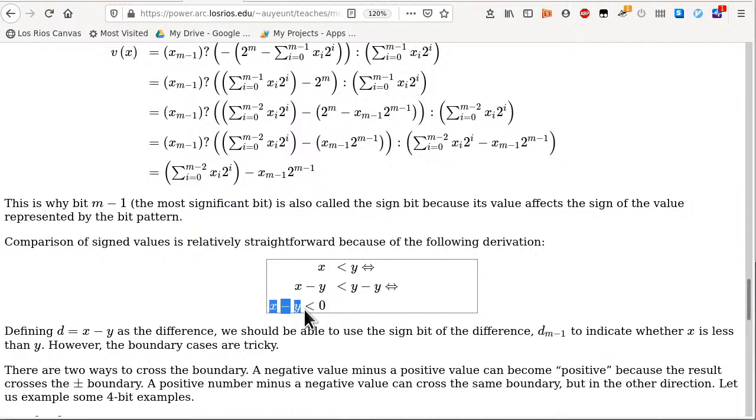Because x minus y is d, that's our difference. So if d is negative, then the sign bit of d, which is the most significant bit, the bit that I point out in all the examples, is going to be a 1. If that bit is a 0, that means d is less than 0 is false, which then lets us deduce that x is less than y is also false.